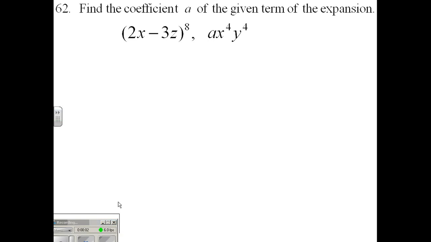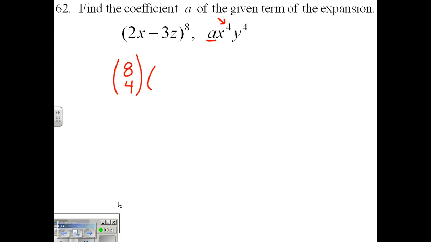Here's a variation on a binomial expansion problem where we just need to find the coefficient a that would exist with the x to the fourth, y to the fourth. Much better than having to expand this entire binomial, much quicker. So to get x to be 4, I could start with combination 8,4.